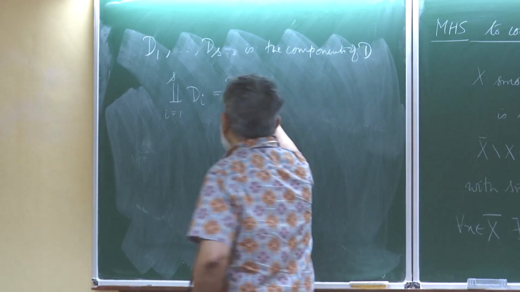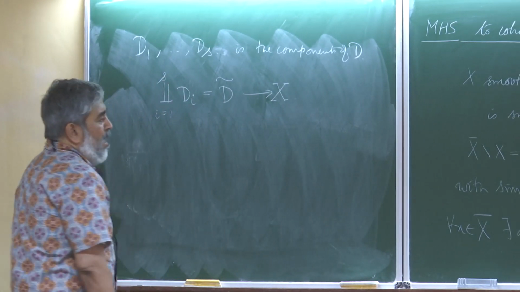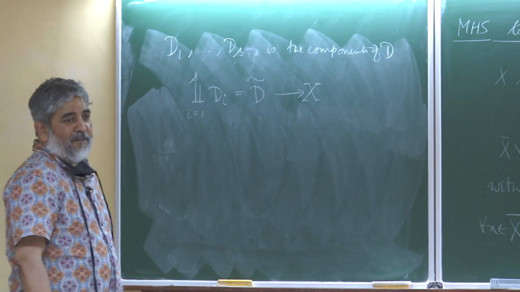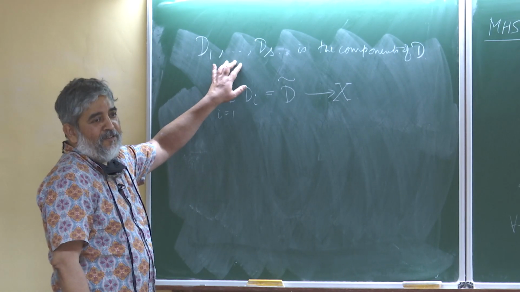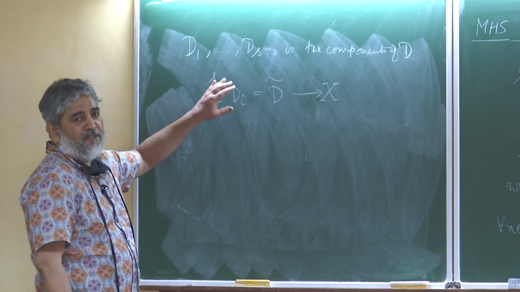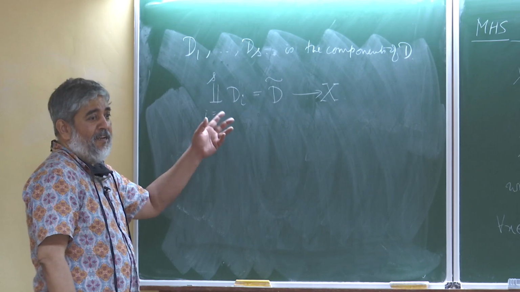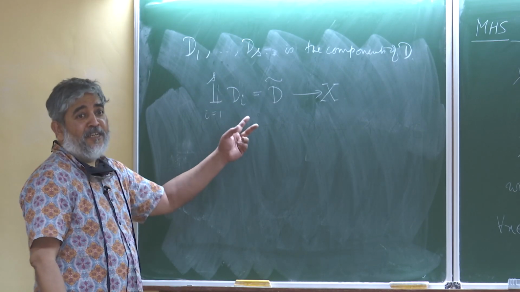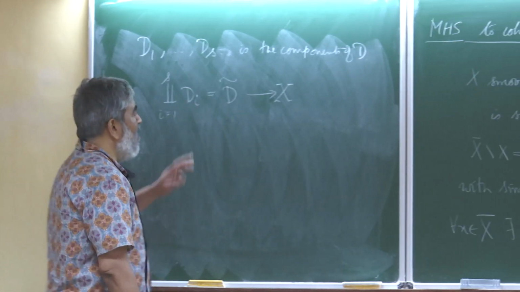So you have a map from D tilde to X. And then I can take fiber product. But I don't want to take the full fiber product because I want to use the certain order which I have. So after all D1 intersection D2 will come in the fiber product as D1 intersection D2 and also D2 intersection D1. Right? So you have to be a little careful.